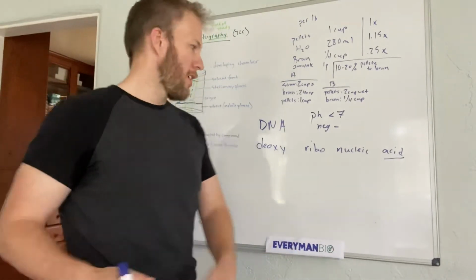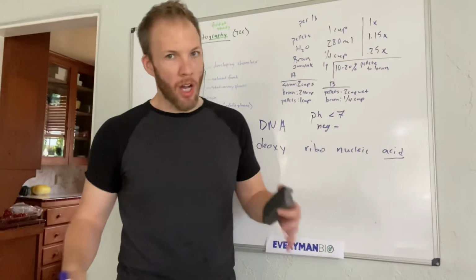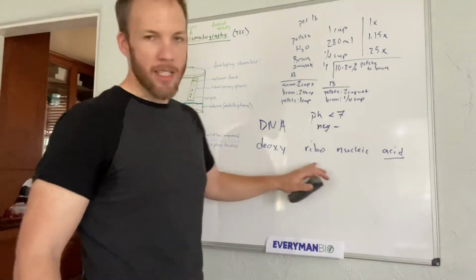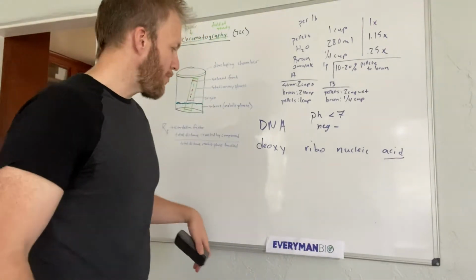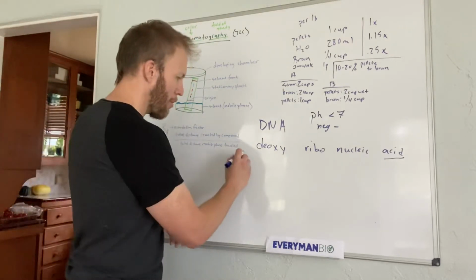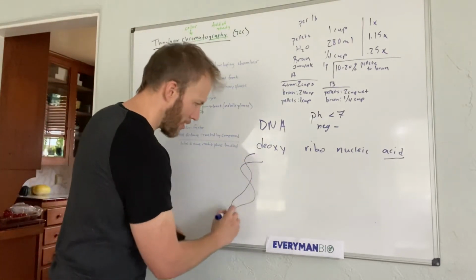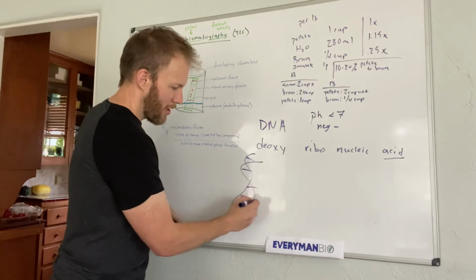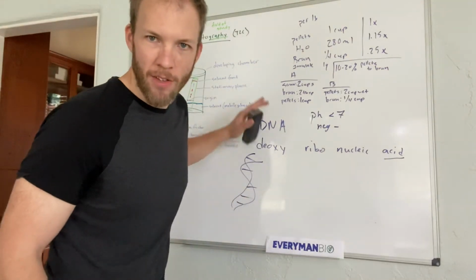Pretty easy, I think. So let's jump into probably the most complicated part of it, and that's the deoxyribo part. If we think about a strand of DNA, we've probably all seen this double helix, and I'm not a very good drawer of DNA itself. There we go.